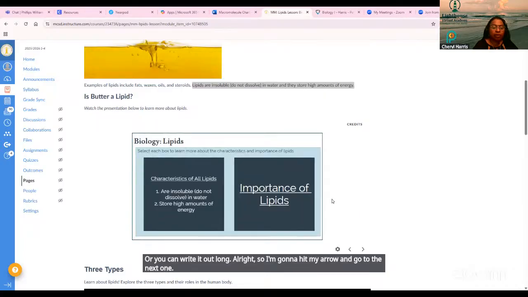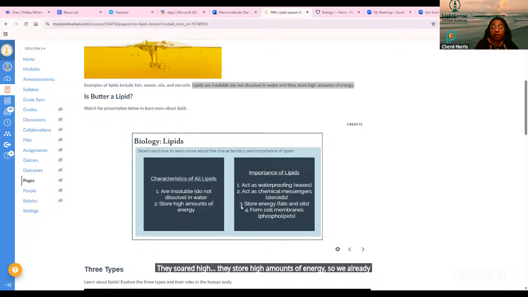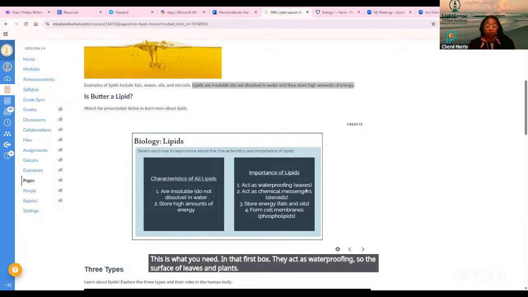Characteristics of all lipids. Characteristics means that's going in your box as well. We just wrote that they're insoluble. We already wrote this one: they store high amounts of energy. This is what you need in that first box. They act as waterproofing, so the surface of leaves and plants, they act as waterproofing.